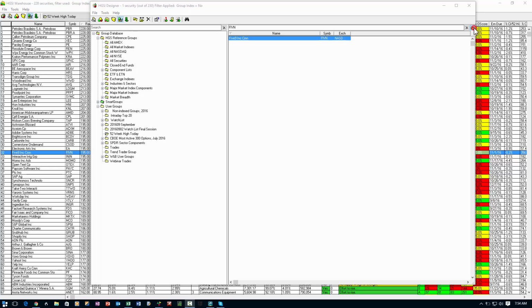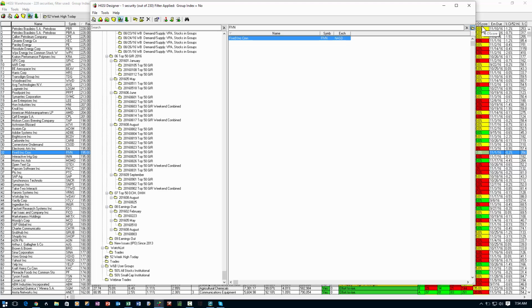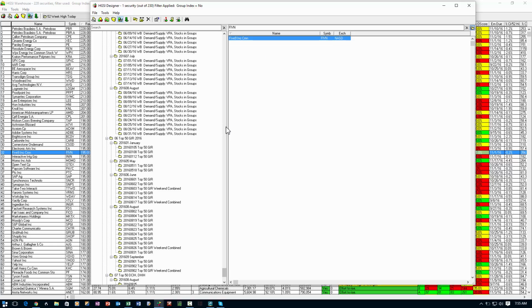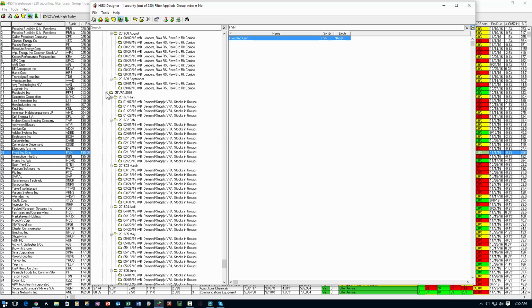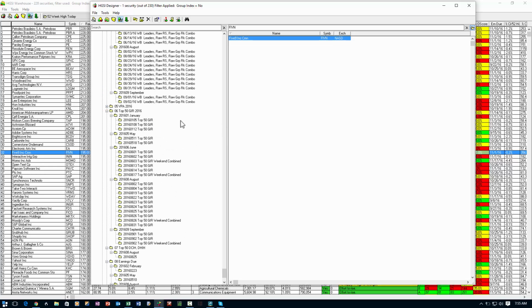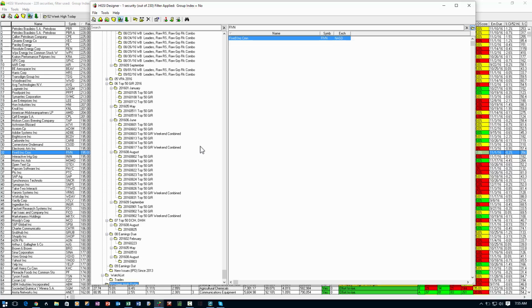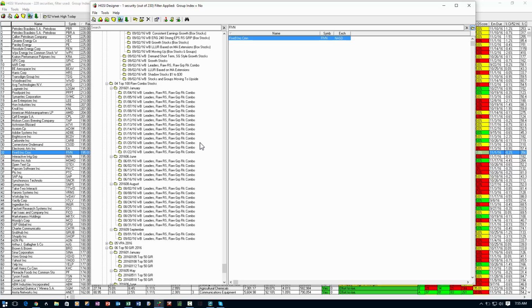If I click on the folder, it's going to find all of the times this stock has appeared during the year. Now, I keep a lot of data every day, and I'm mainly interested in when it appeared in a few of these smart groups.